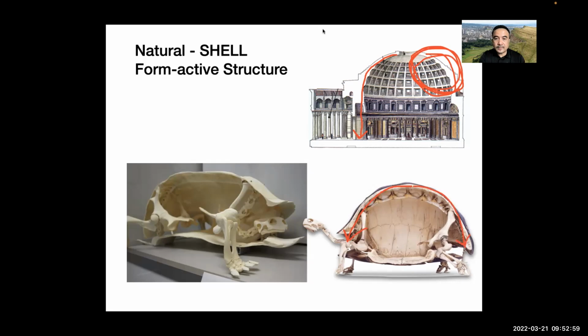So what do we have when we have this kind of structure? We have this space, right? The blue one. This is where the tortoise's internal organs lie. For humans, this is for use, right?